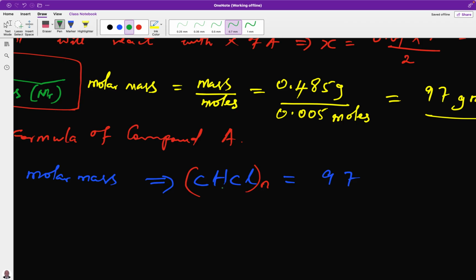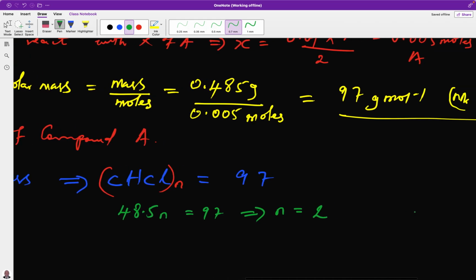Then 13 plus chlorine, which is 35.5, will be equal to 48.5. So 48.5n equals 97. The value of n will be equal to 2.